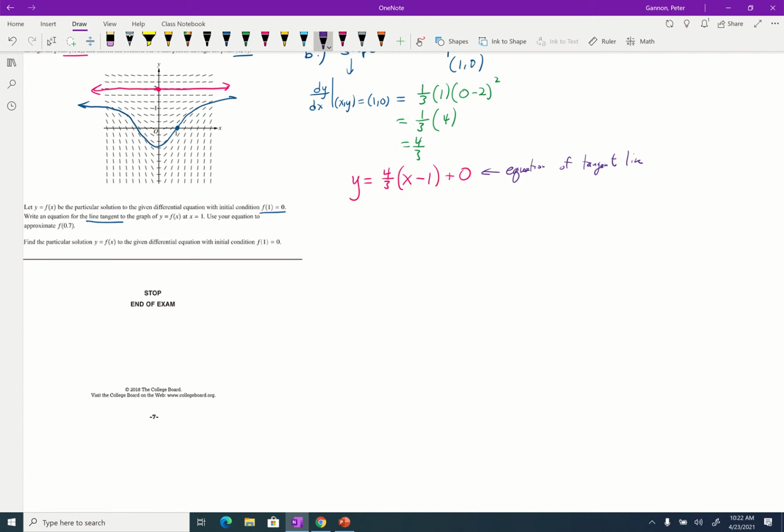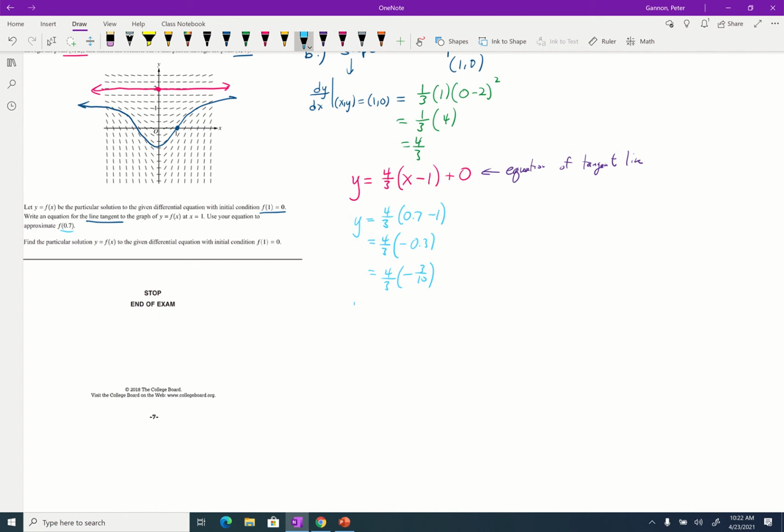And then we need to use that equation to approximate the value of the function at 0.7. So let's see, we've got y equals 4/3 of 0.7 minus 1. So 4/3, now 0.7 minus 1, that's negative 0.3, which is the same thing as negative 3/10.